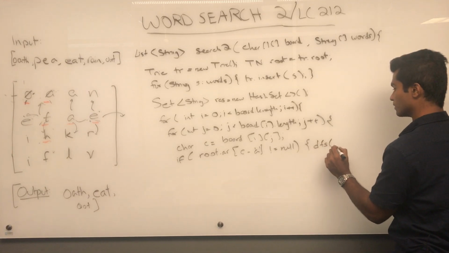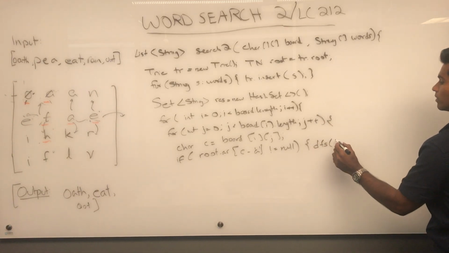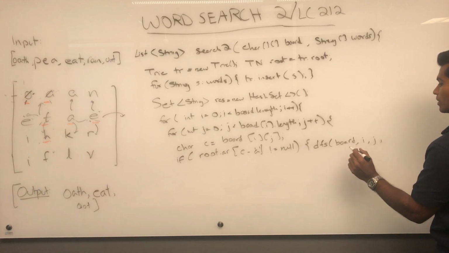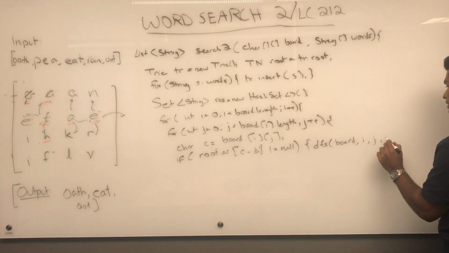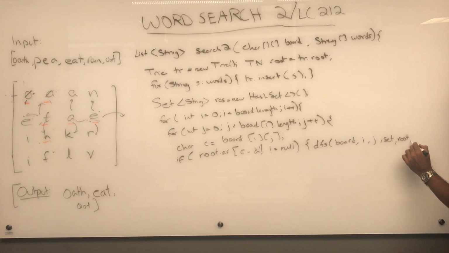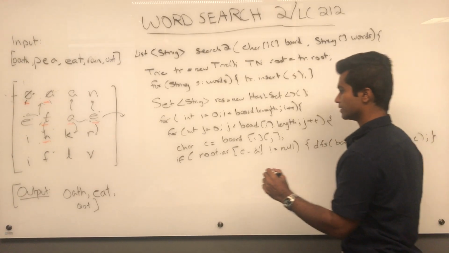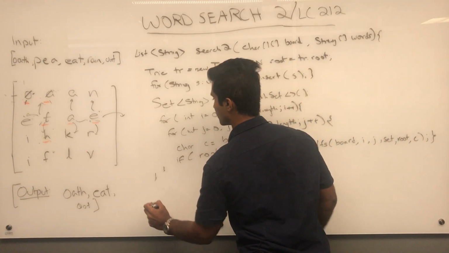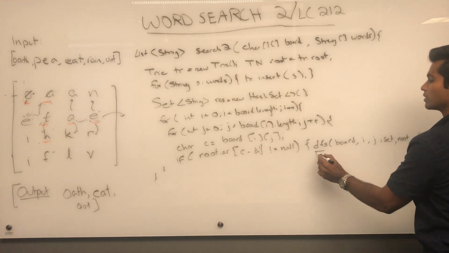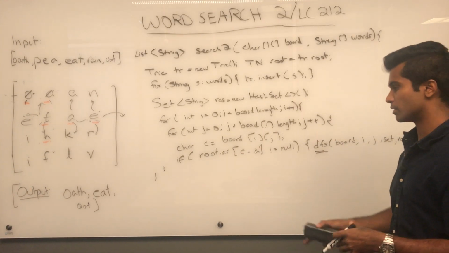Then we can recursively call our function. So we pass in the board, we pass in i and j, we pass in the set, we pass in the root, and we pass in the letter c. And let's close our for loops. And we're going to trust our DFS function takes care of it. We'll get into the DFS function in a second.